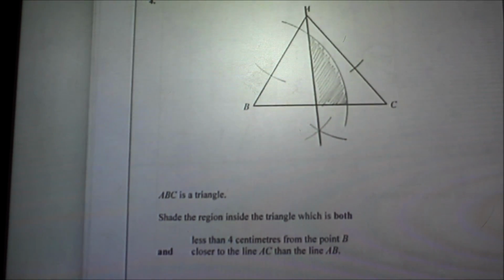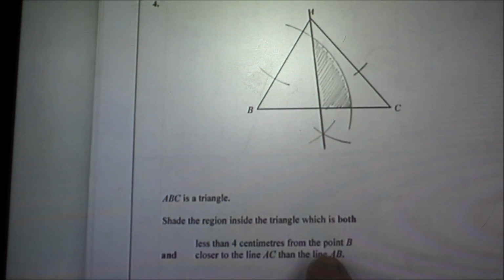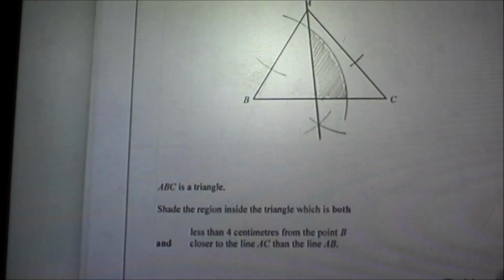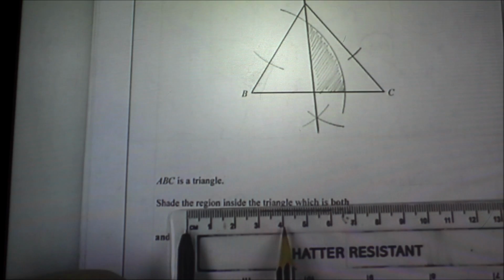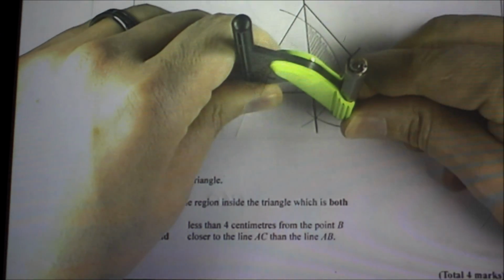Question number 4. Shade the region inside the triangle which is both less than 4 centimetres from point B and closer to the line AC than AB. First of all, what you do for this one is less than 4 centimetres from point B. So get your ruler, set your compass to 4 centimetres, which is about there, but make sure you get it exact, and you need to draw an arc, and that arc we need to do is there.